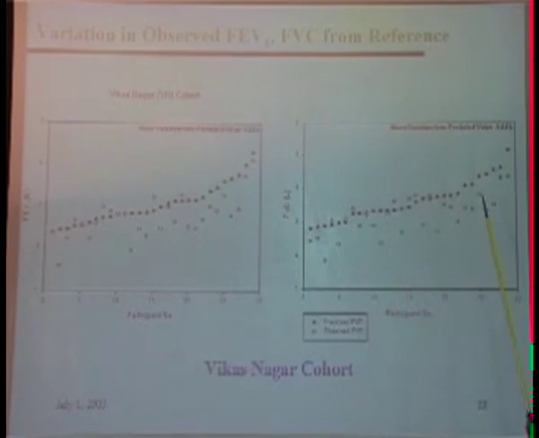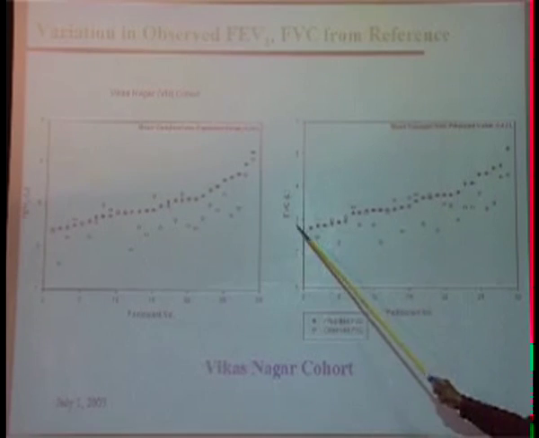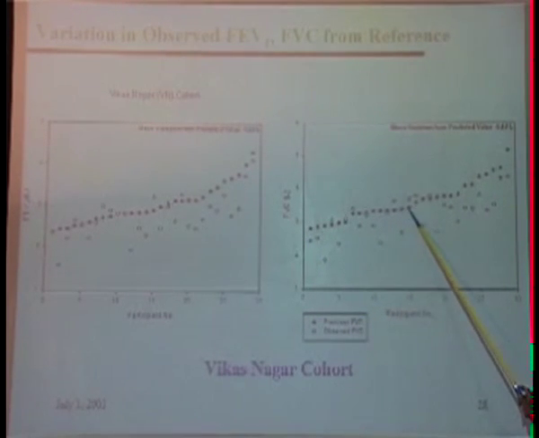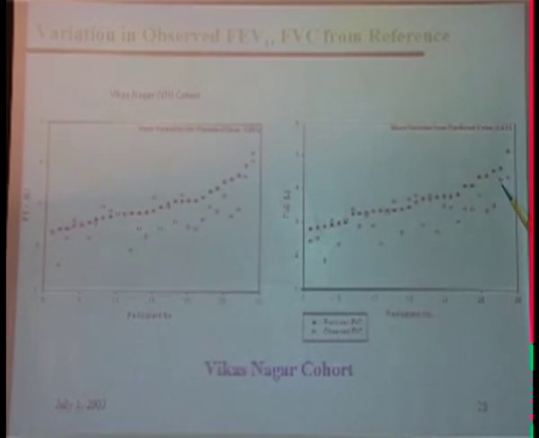The same thing was in the area of forced vital capacity of the lungs. Here also the solid line is what they should be. On purpose they are put in increasing order, so that the graph is seen very clearly. You can see the people performing below. For example, this person, number 20, should perform at this level, but was performing at this level.